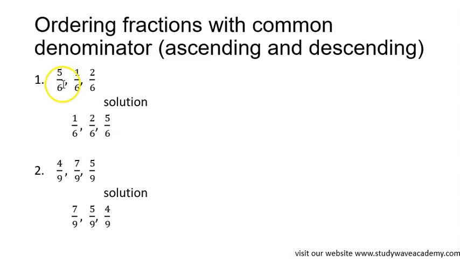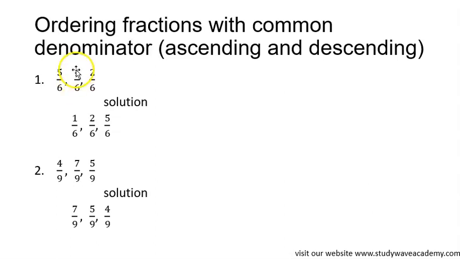Now the denominators are the same, right? 6, 6, 6. So we are going to be looking at the numerators, okay? We are going to order them based on numerators. So 5, 1, 2. Let's arrange this in ascending order.